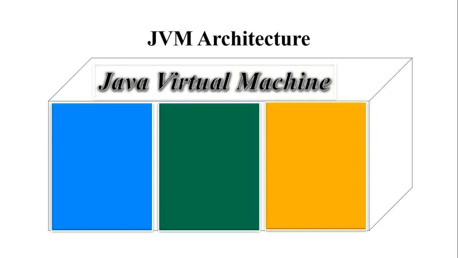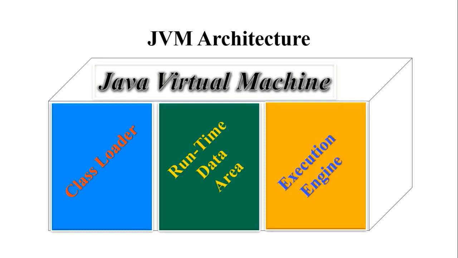Now let's talk about JVM architecture. JVM architecture, or Java Virtual Machine, has three specific components: class loader, runtime data area, and execution engine.